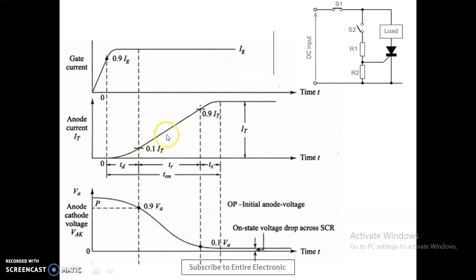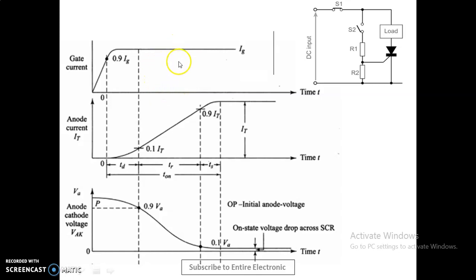This rise time depends on the amplitude of the gate current pulse. If the amplitude of the gate current pulse is more, this rise time gets reduced. That is, anode current starts increasing rapidly if the amplitude of the gate current pulse is more.